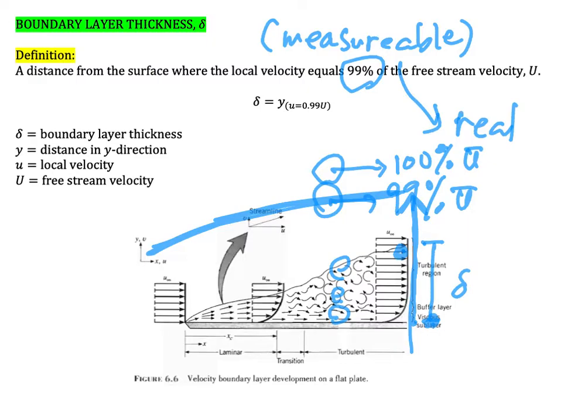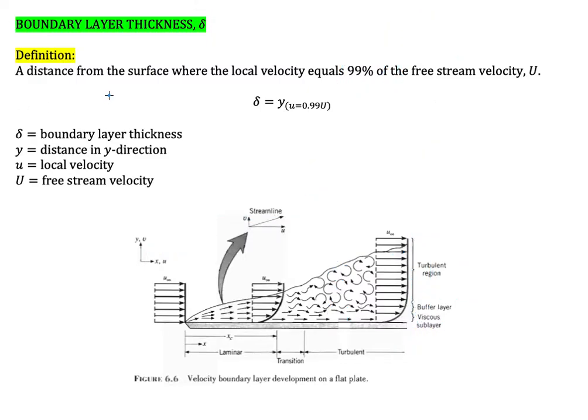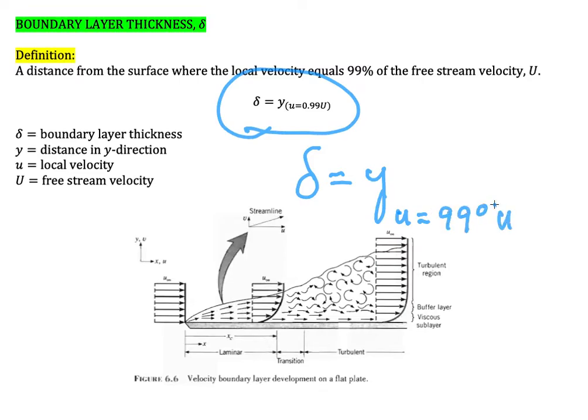So if we want to express the idea of boundary layer thickness in a mathematical expression, we could write it like this: delta, the boundary layer thickness, is equal to the y-axis from 0 to where u equals 99% of capital U. This is the only mathematical expression that we could derive from the statement.